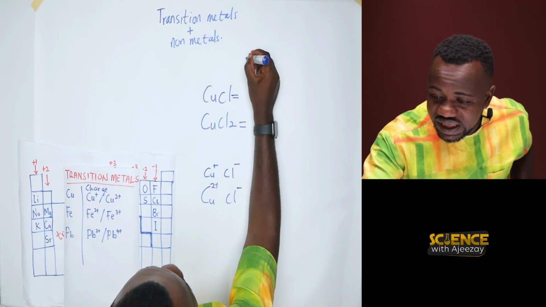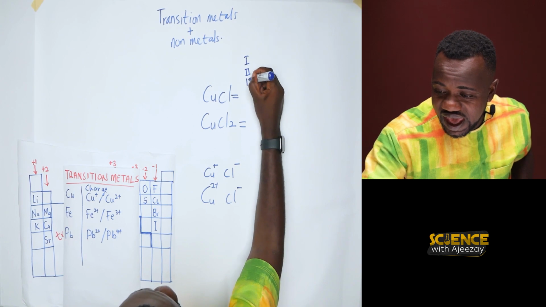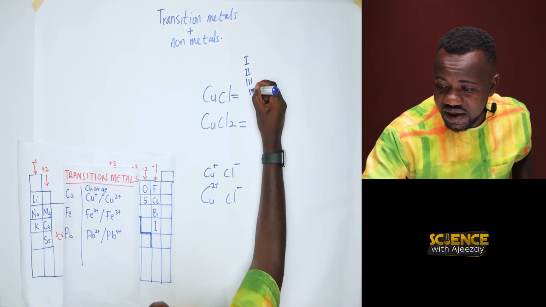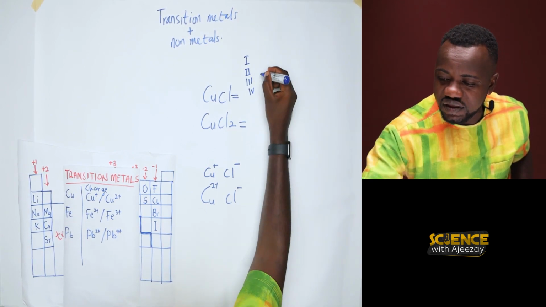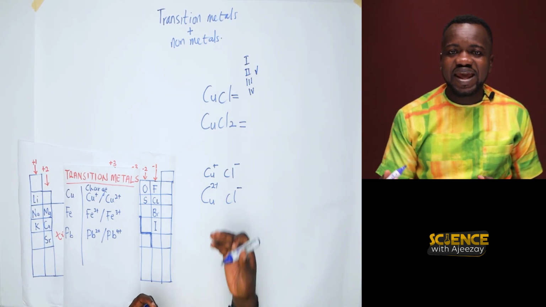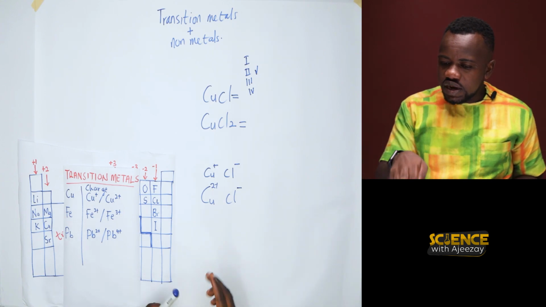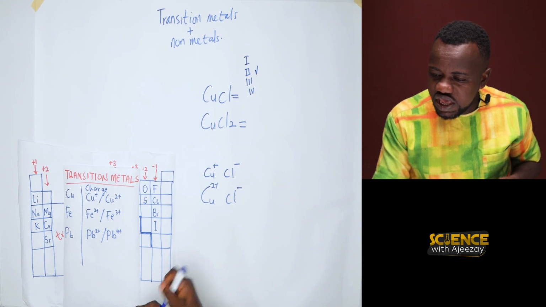So we have I, II, III and so forth. So I is 1, II is 2, III is 3, and so forth. If you take the first one, the copper here is +1.